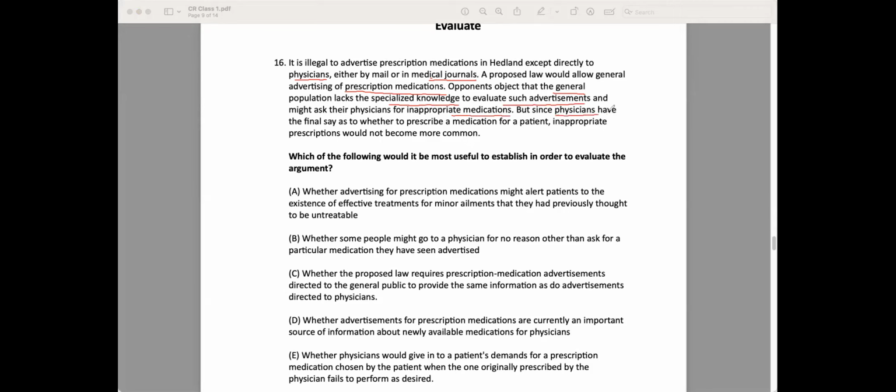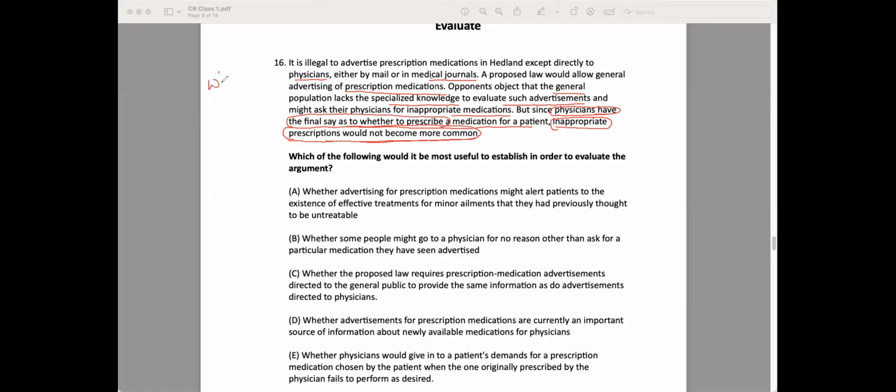But since physicians have the final say as to whether to prescribe a medication for a patient, inappropriate prescription would not become more common. So, final conclusion is inappropriate prescription would not become common. And the reason is physicians have the final say.